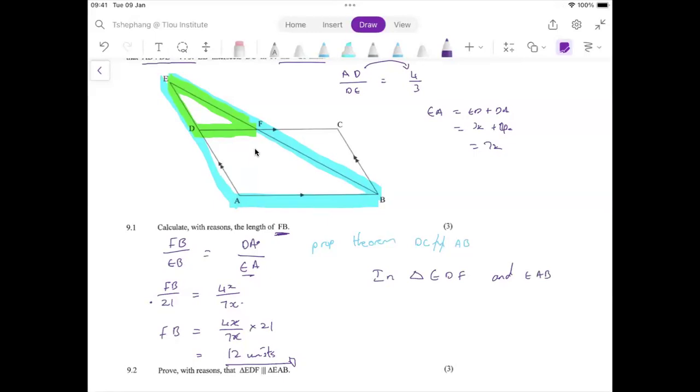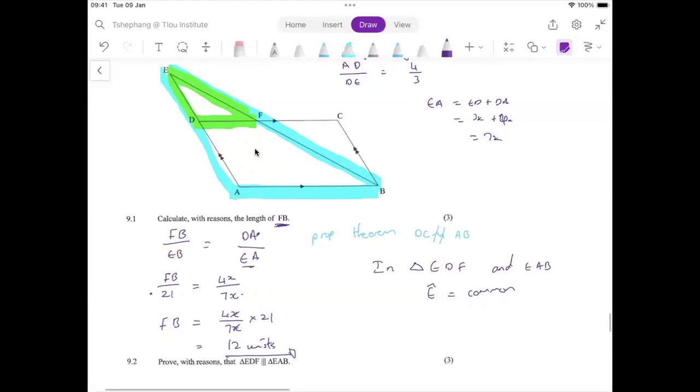The angle E. It's the same for both of them. So we can see E also common. Then we can say that angle EDF must be equal to angle A.